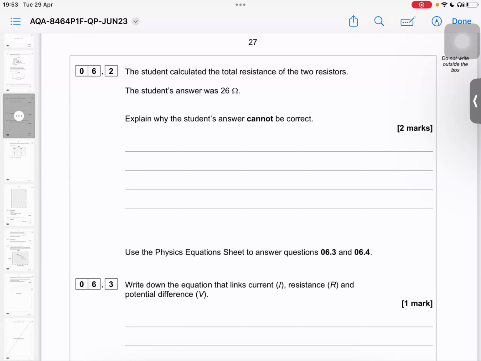Okay, so it's going to be less. That's how it's going to turn out.